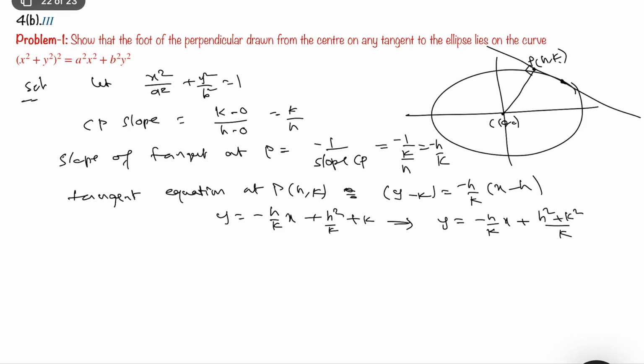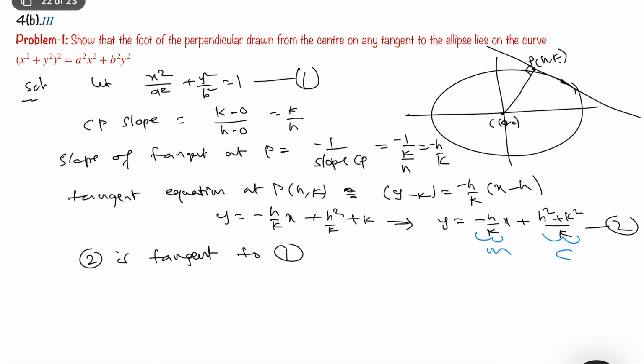So this looks like y equals mx plus c. This is m, this is c. Let me call this one 1, this one 2. This 2 is tangent to 1. That happens only when c square equals a square m square plus b square.